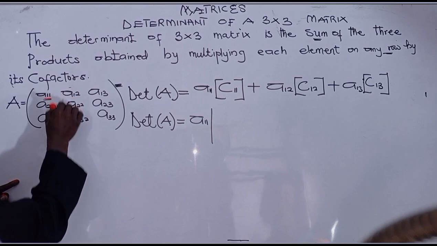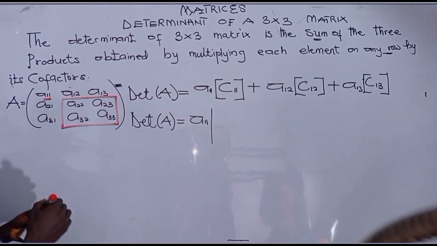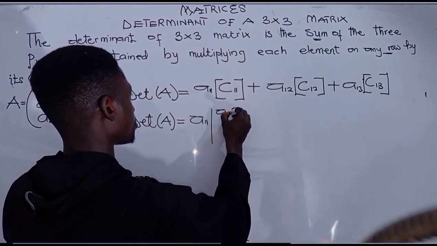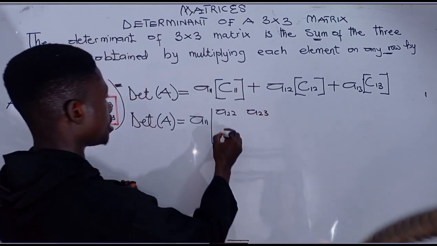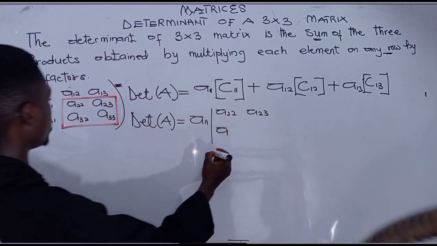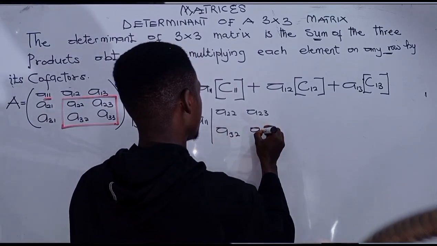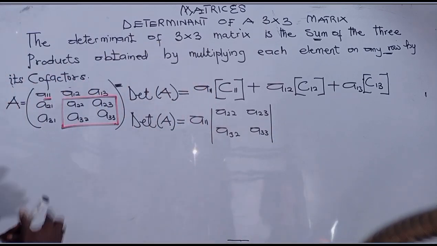So we'll be left with these entries, and we are going to write them here. We have A22, A23, A32, and then A33. So we are done with the first entry.